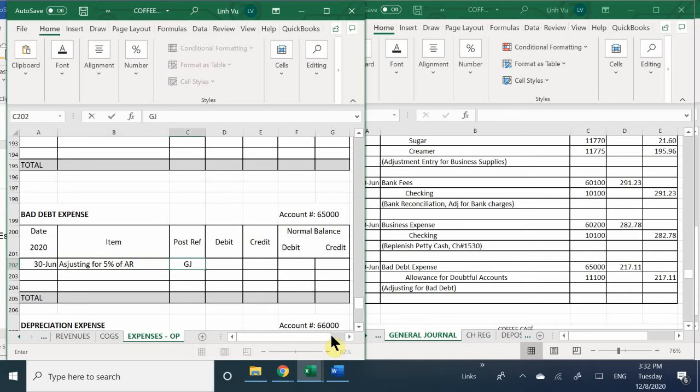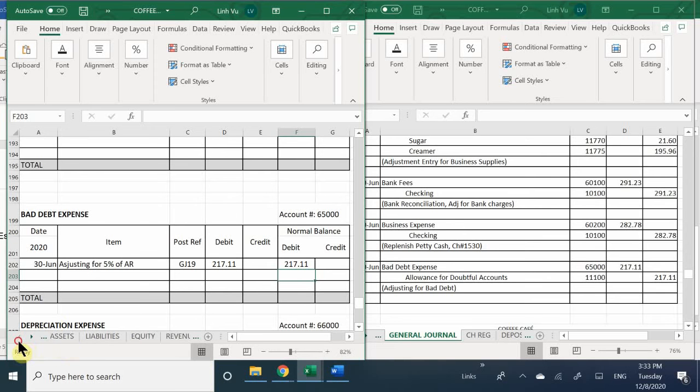General journal number 19, debit for 217.11. Once we've completed this, our bad debt expense that we're writing off is a total of $217, and this includes Corner Bookstore's debt that they're not going to pay us back for.